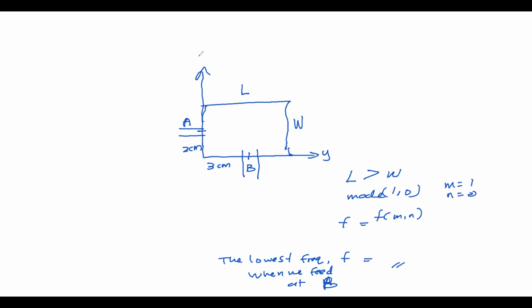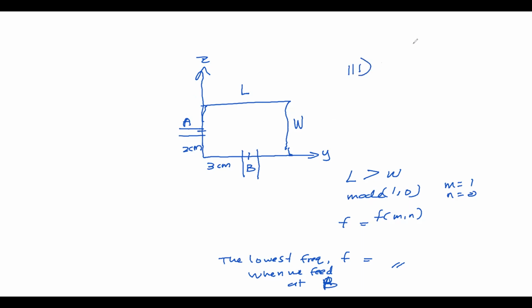So this is Z, let's say. Once you feed a wave at position B, the electric field distribution is formed across the XY plane. Once you feed the wave at position A, the electric field distribution is formed across the XZ plane.